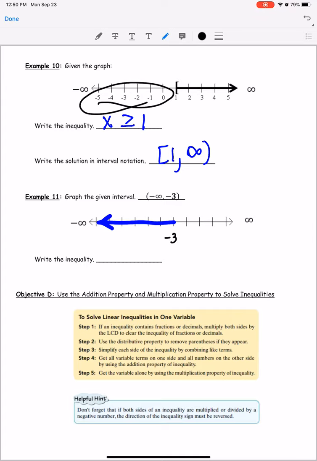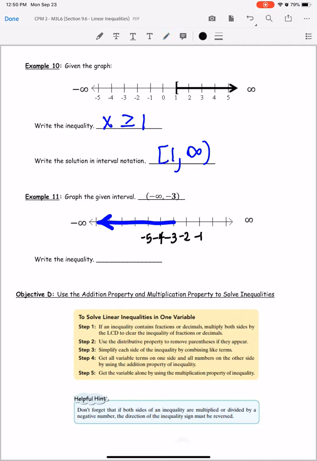And because we're on the negative side, this needs to go backwards: -2, -1, -4, -5. And then it went to -3. This one has a parenthesis, so what's going to be on my graph is a parenthesis.